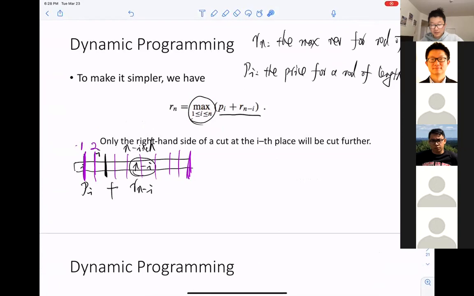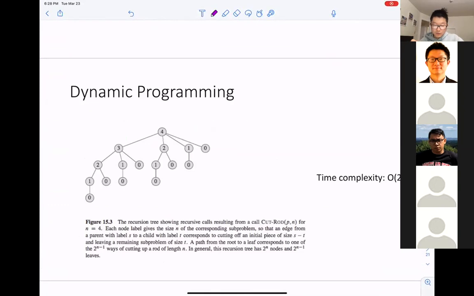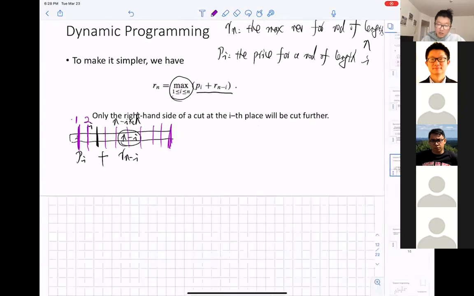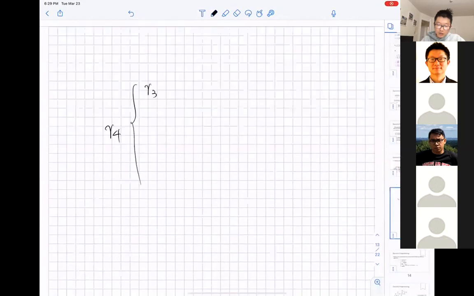The reason is that we want to calculate the highest revenue for a rod of length 4. According to this formula, we need to calculate the rods of length 3, length 2 and length 1.